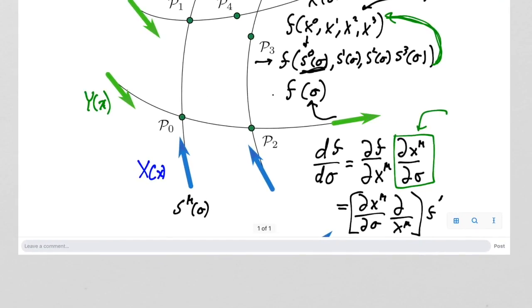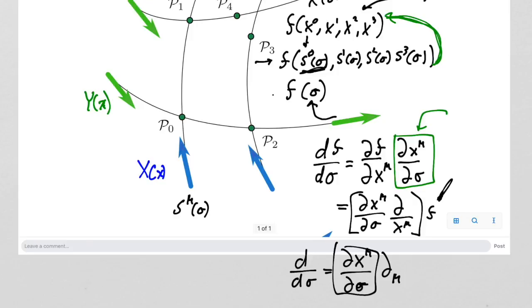And once you realize that's an arbitrary function, you can then define the sigma derivative of an arbitrary function as partial x mu partial sigma partial mu.